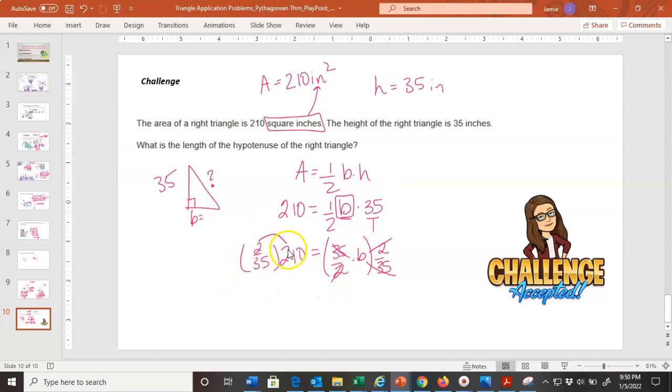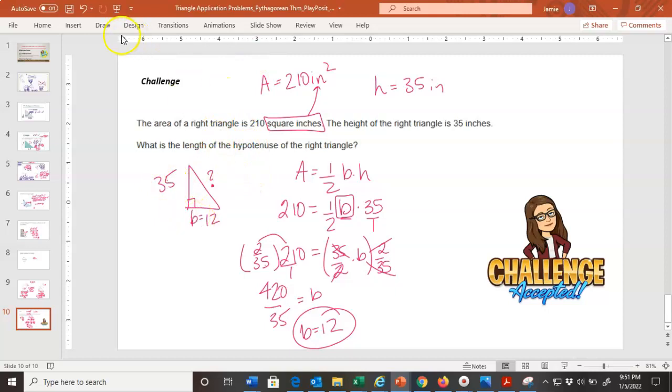And let's see, 2 times 210 equals 420 over 35, right? 35 times 1. So what is 420 divided by 35? That is 12. So the base is 12. Step 1 is done. We used the area to help us find that missing side length.